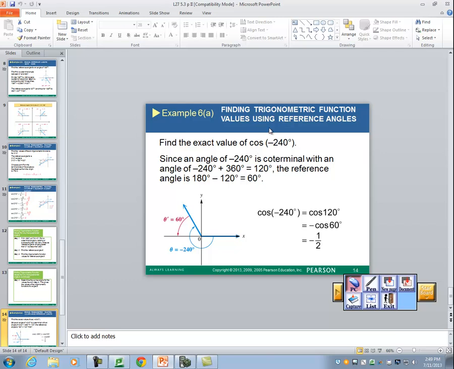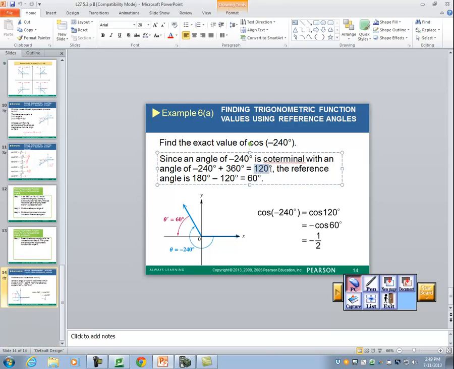Okay, so for a cosine of negative 240, negative goes in a clockwise direction. So you would take 180 minus 240. Your reference angles are always positive. Notice that's positive.